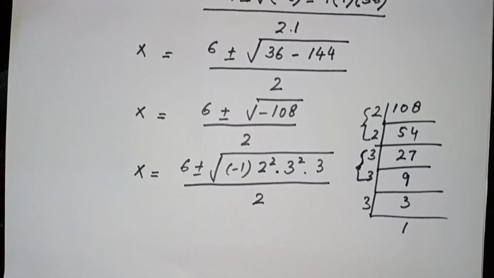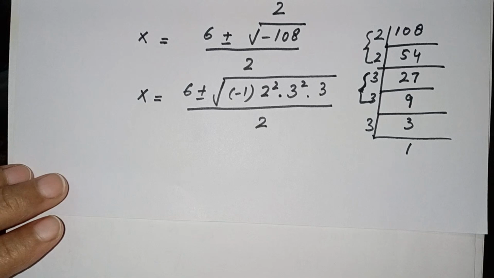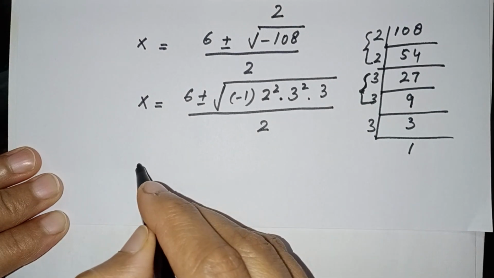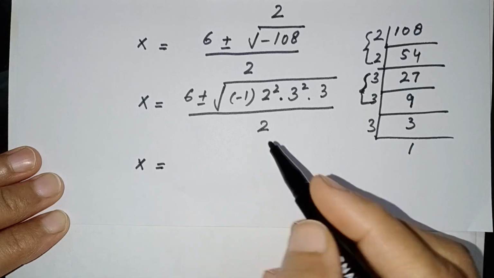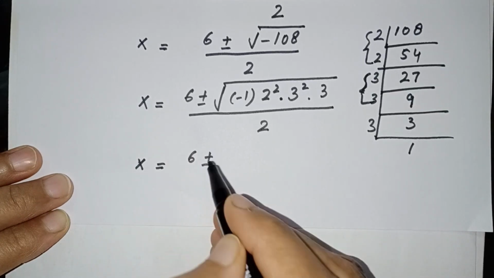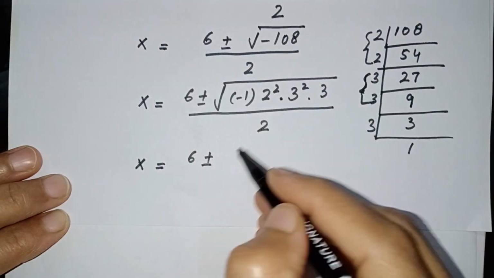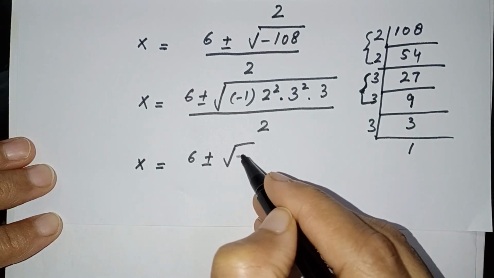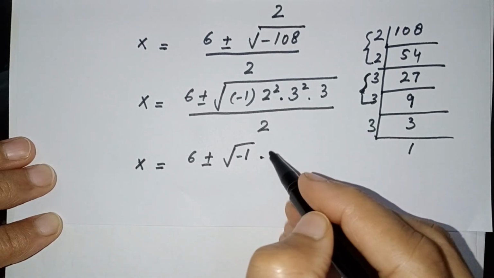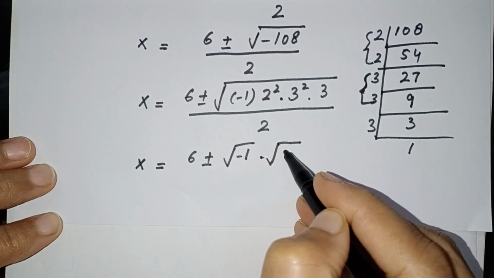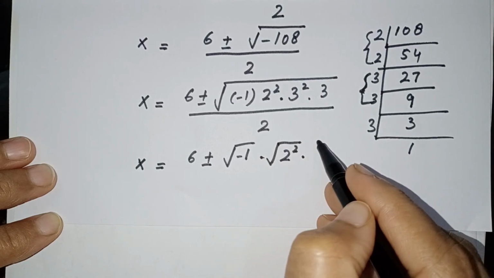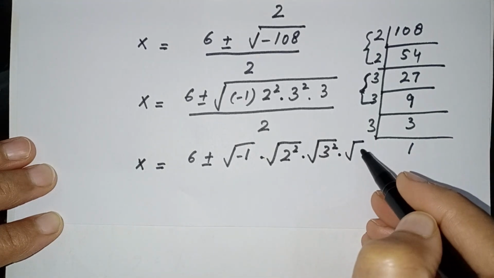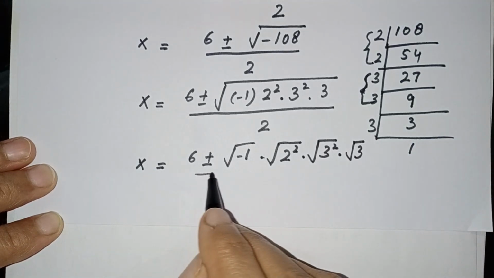So in the next step, x is equal to 6 plus or minus. We will write each term in a separate square root: square root of minus 1 times square root of 2 square times square root of 3 square times square root of 3, over 2.